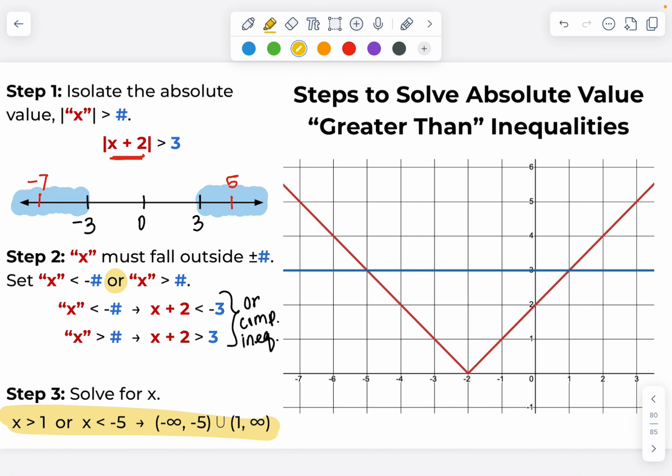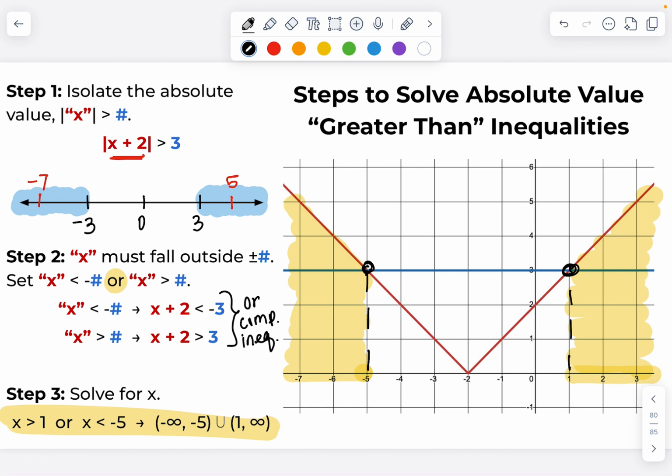Okay, so if I think about what that looks like on my number line, it's this portion of my graph, and it's also this portion of my graph, because again, this is -5 and this is 1.